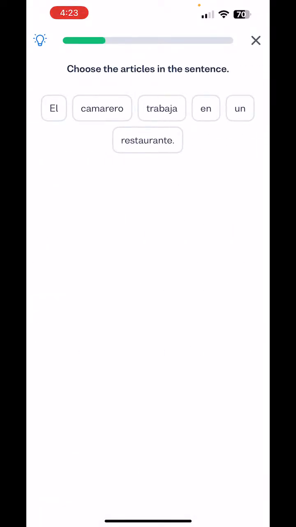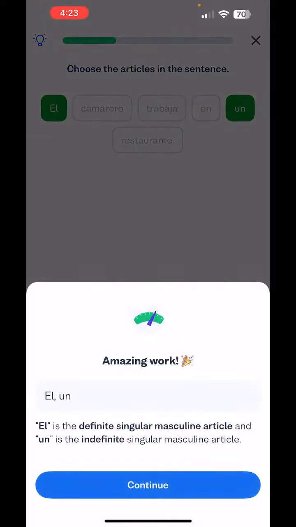So choose the articles in this sentence. So I would say el, the, right? And then un restaurante, a restaurant. So if you remember English articles, a, the, basically the same thing. So el is the definite singular masculine article, and un is an indefinite singular masculine article.